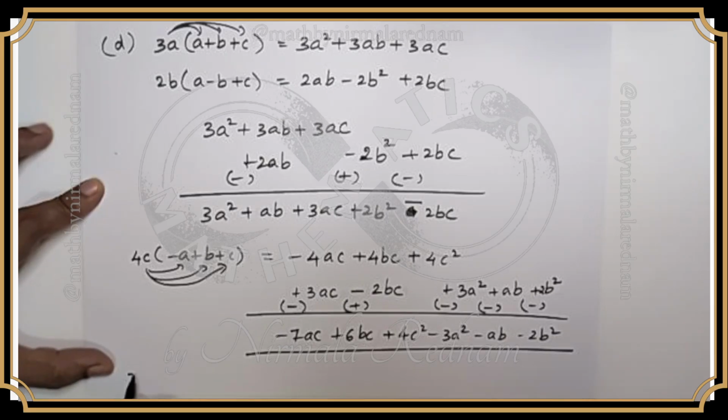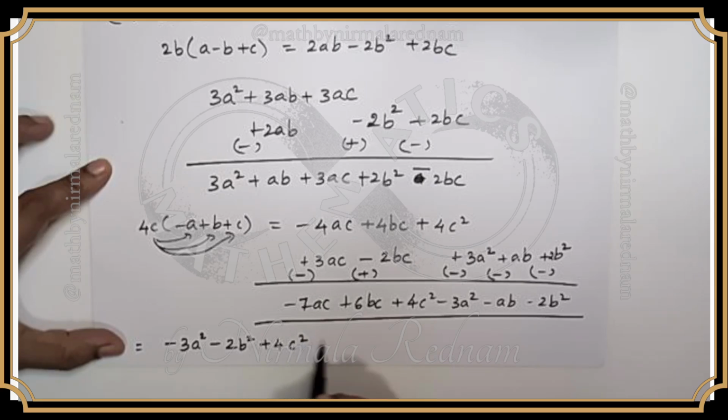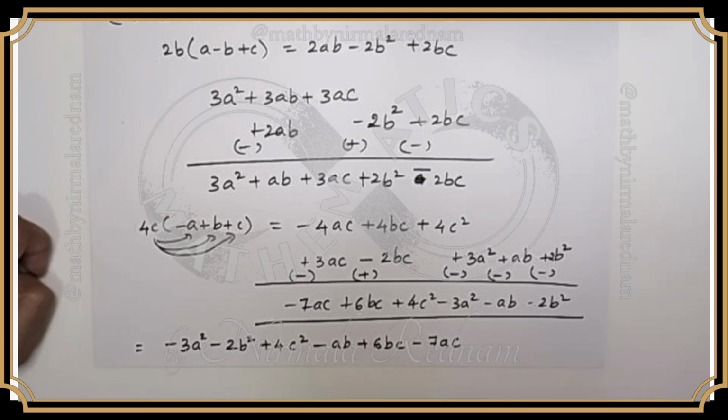If I write it in the standard form, I will be writing it as minus 3A square minus 2B square plus 4C square, and then I have AB term and BC term and CA term, right? So this is your final answer in the standard form.